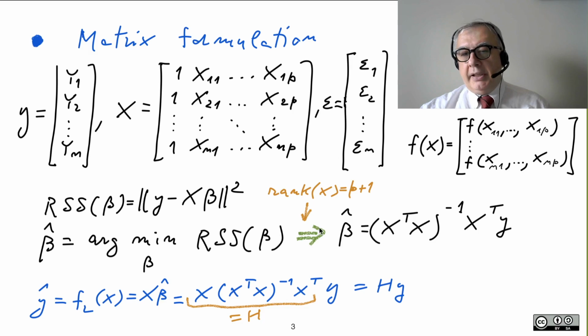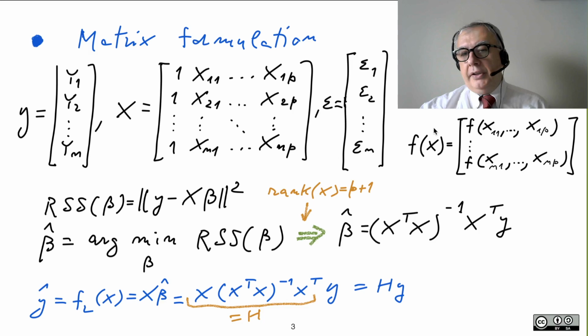And we know that provided that X is full rank, in this case the rank should be p plus 1, the ordinary least squares solution is given by this expression. If X is full rank as assumed here, the inverse exists and you can compute the ordinary least squares solution.